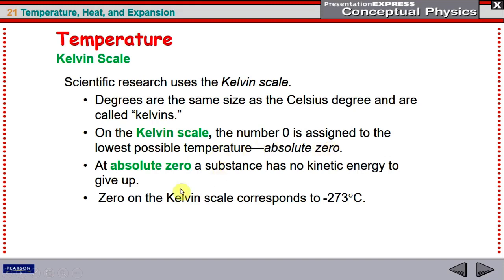At absolute zero, a substance has no kinetic energy. The 0 on the Kelvin scale corresponds to negative 273 degrees Celsius. That's the famous absolute zero.